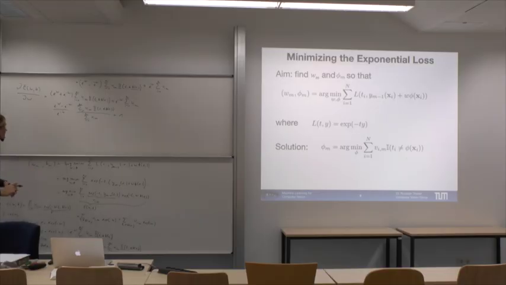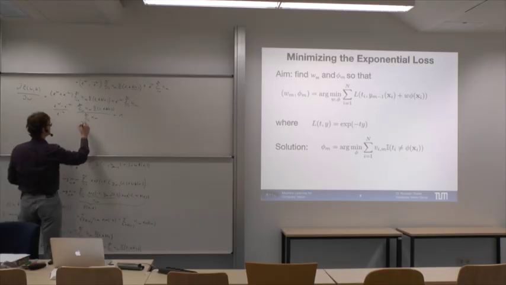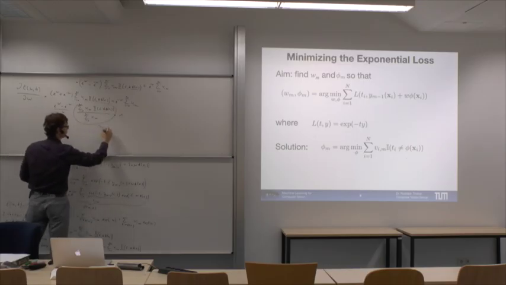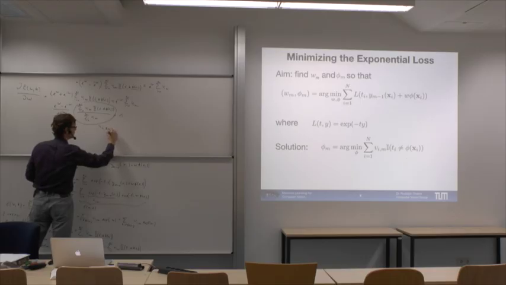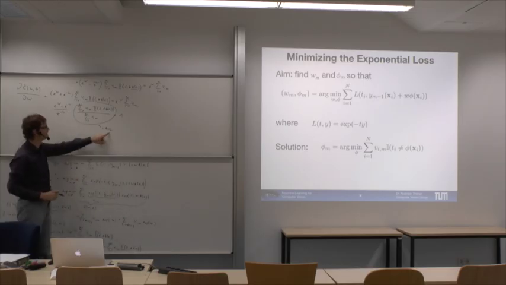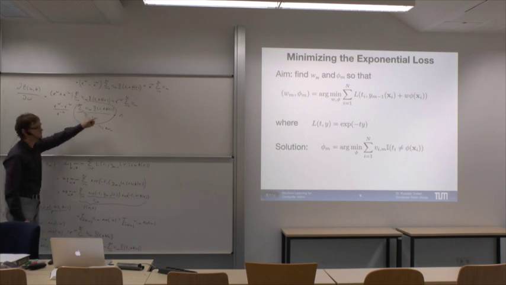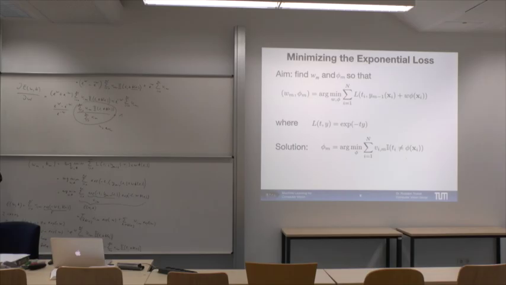So I have this term here. Now what I do is I make this simpler. I call this the error at round m. Why is this called the error? Well, this is simply a weighted sum of misclassified data points normalized by the sum of the weights. Right?